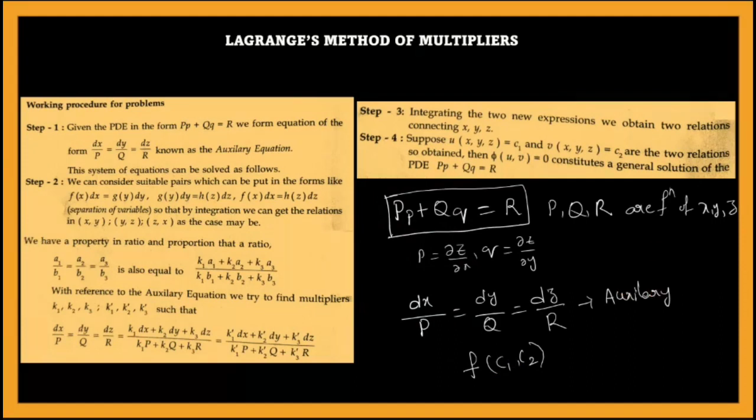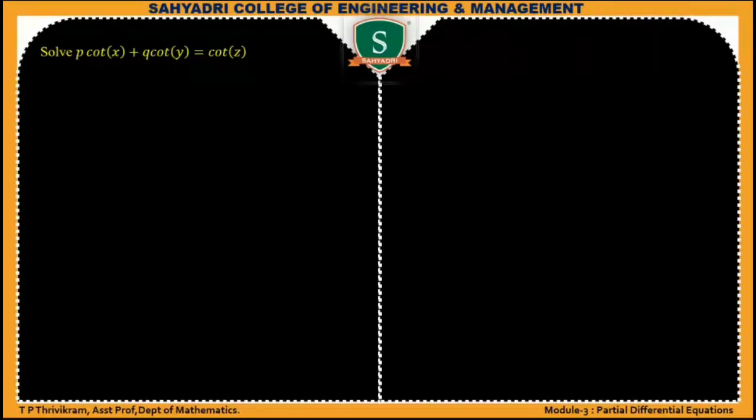Okay, so let us see the problem so that you'll get an idea. Here he asked us to solve p cot x plus q cot y is equal to cot z. So here capital P of x, y, z is nothing but cot x, capital Q is nothing but cot y, and capital R is nothing but cot z.